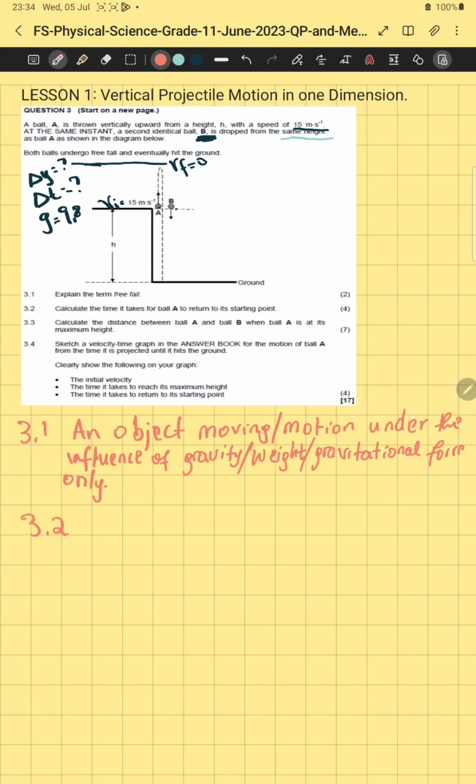Now let's go to 3.2. Calculate the time it takes for ball A to return to its starting point.